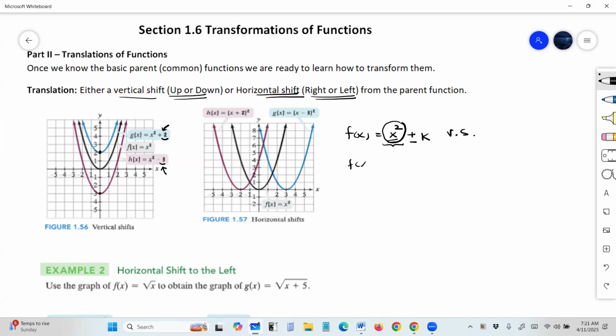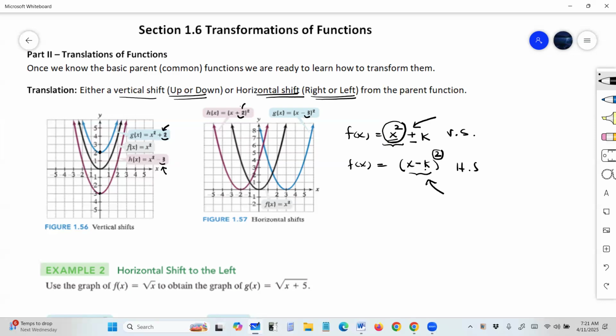Now, in the second case, look how the function is written. This value k is inside of the square function. On the vertical shift, it's outside. On the horizontal shift, it's inside the square.